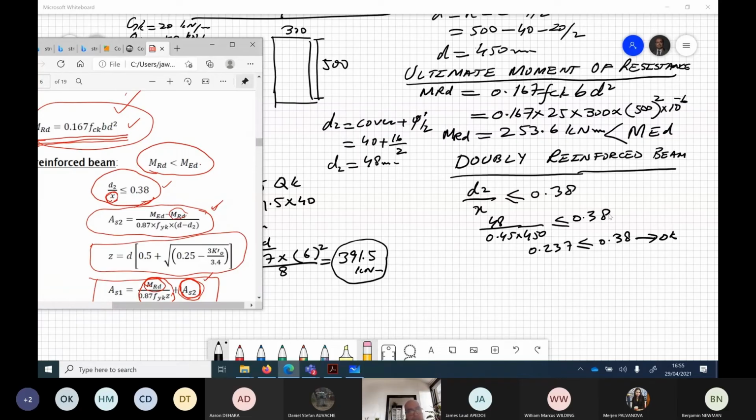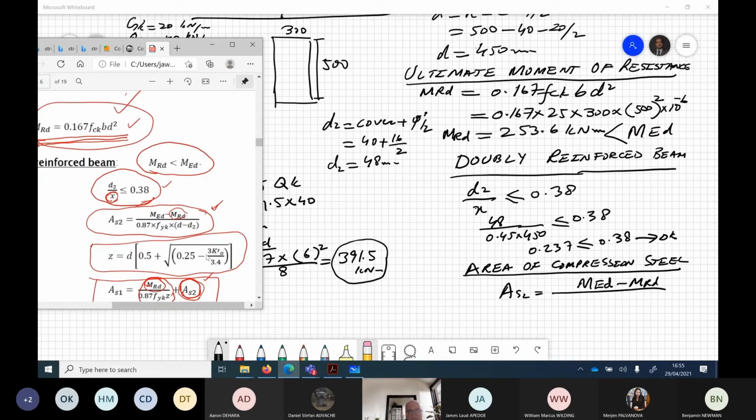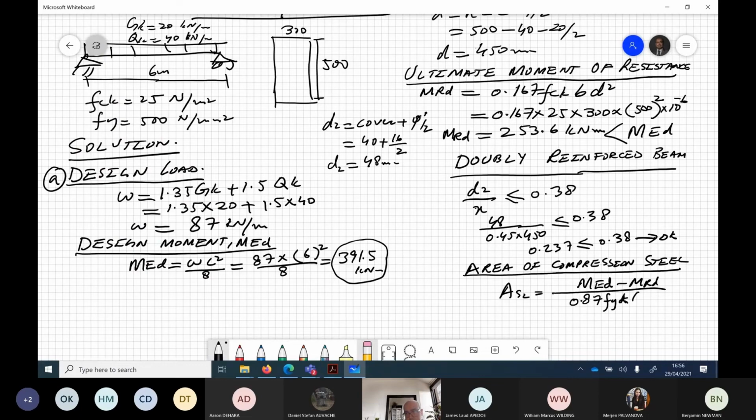Now area of compression steel is MED minus MRD divided by 0.87 FYK into D minus D2.